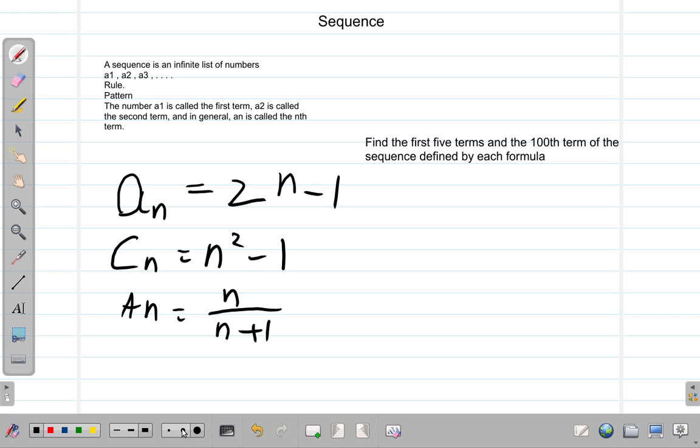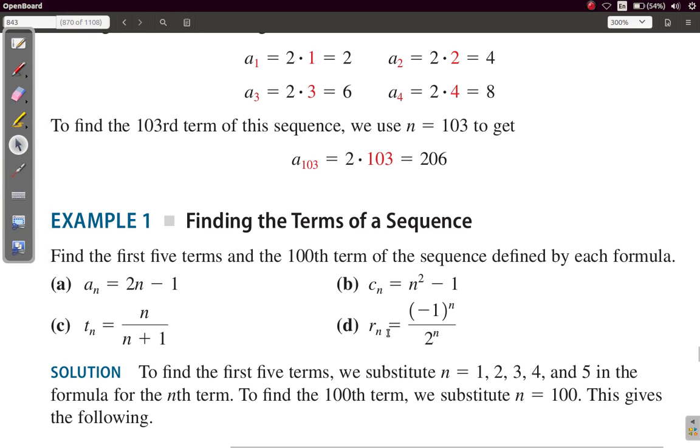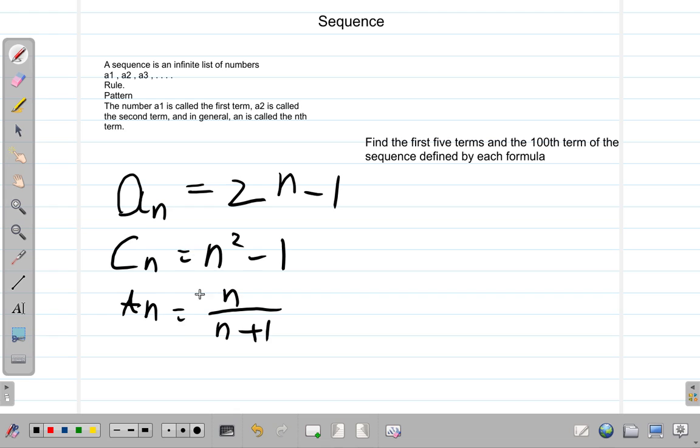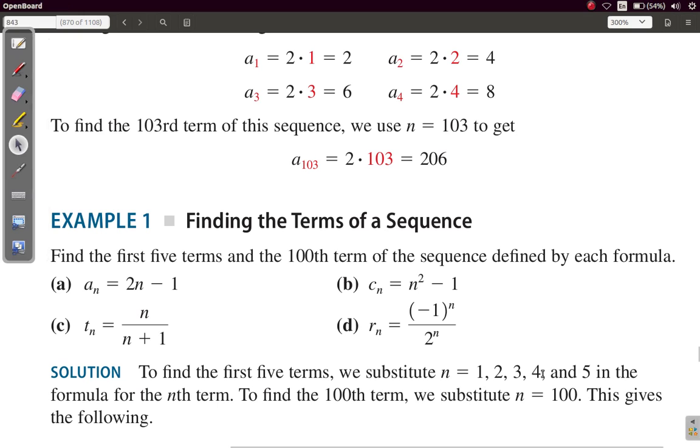Let me write it more slowly. t_n is n over n plus 1, and then r_n is negative 1 to the n over 2 to the n. So r_n is equal to negative 1 to the n divided by 2 to the n.